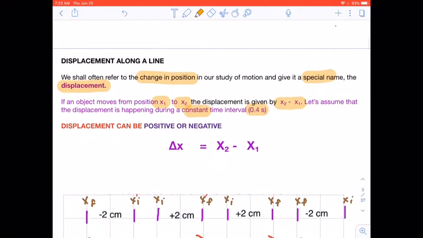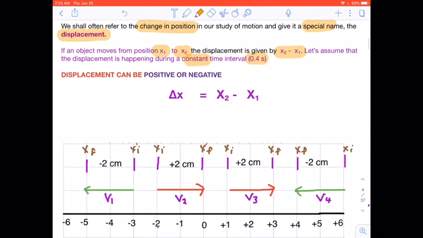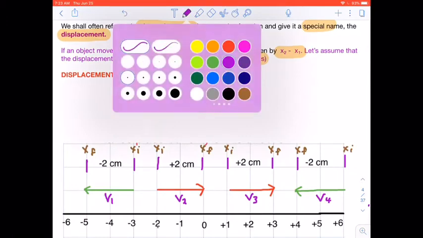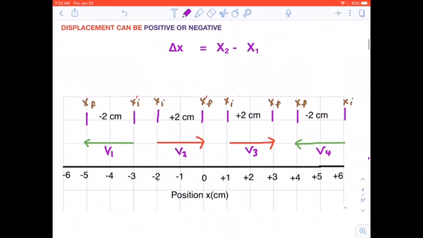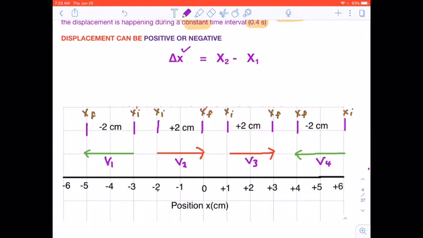Now, if we look at change in x, here we've got the coordinate line again. The change in x, which is the displacement, is equal to x2 minus x1, or I could have just said it's equal to xf minus xi, final minus initial.